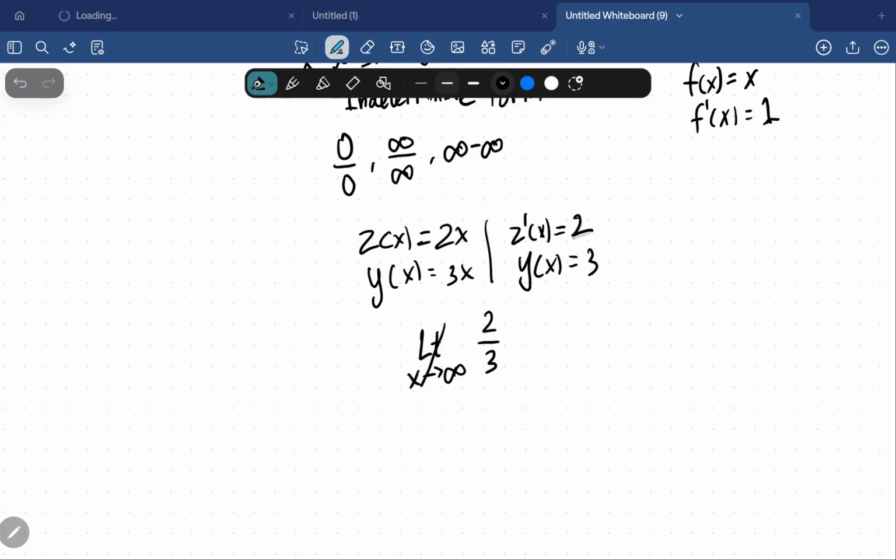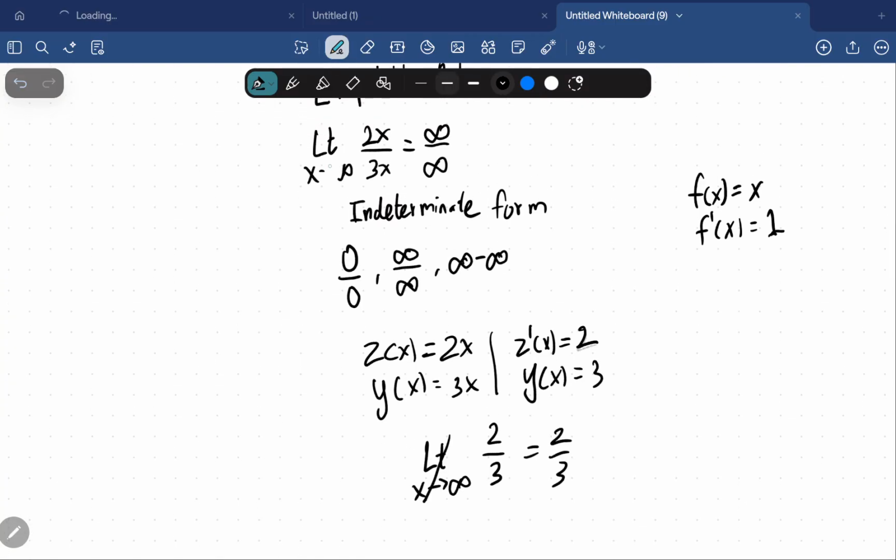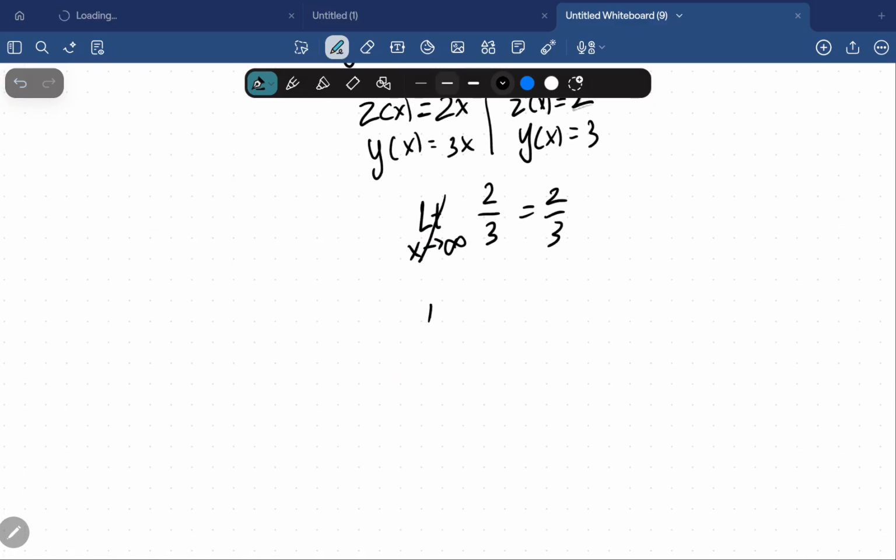This limit will literally cancel out because there's no x in this, so this equals 2 over 3. So the limit as x reaches infinity of 2x over 3x is equal to 2 over 3.